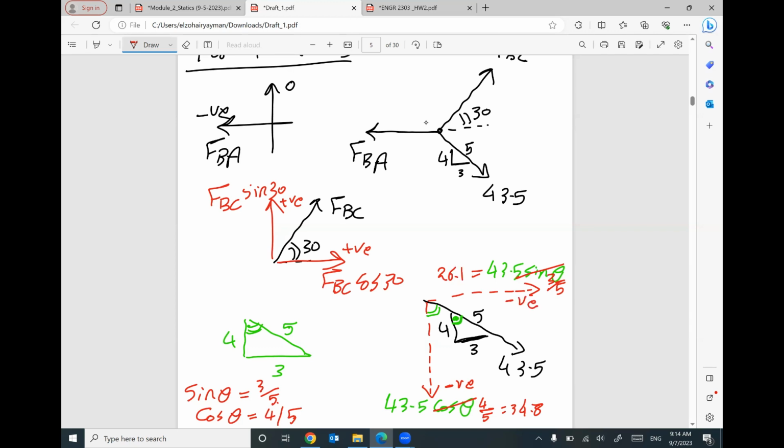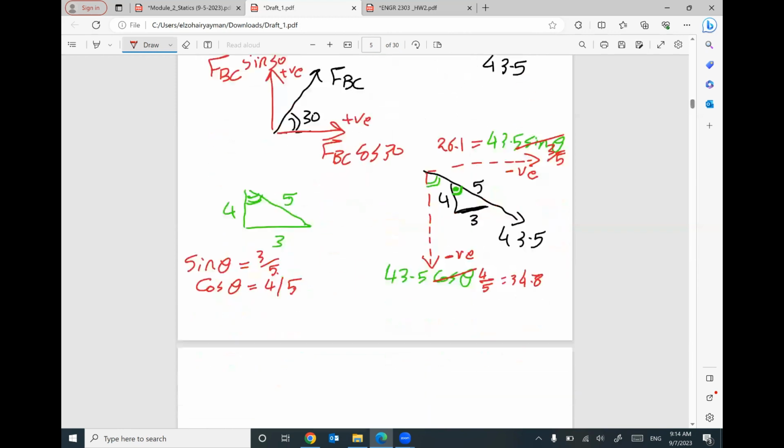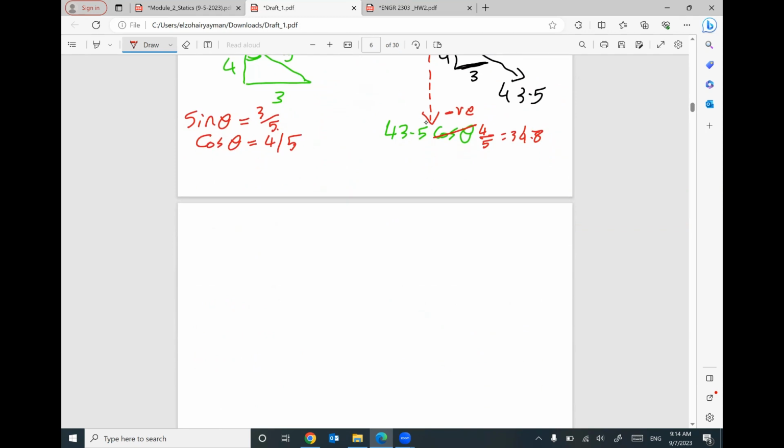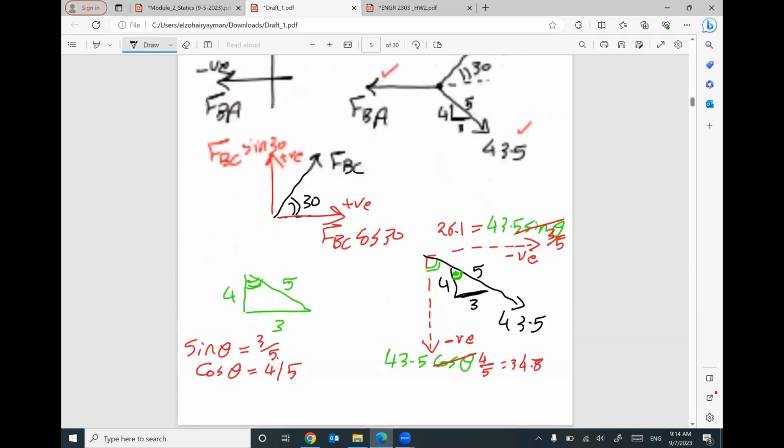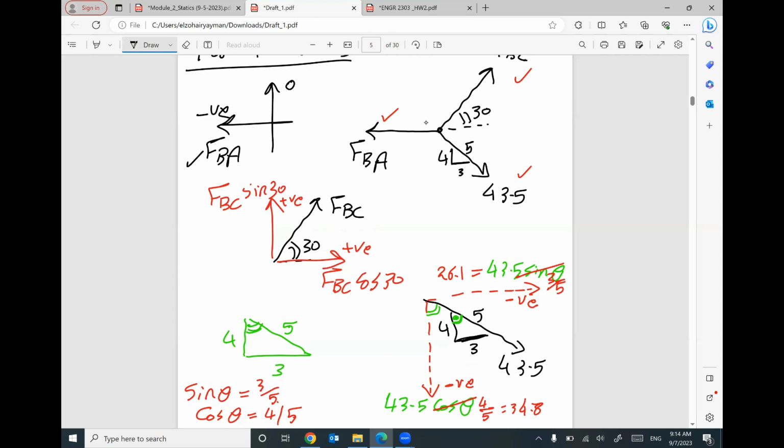Do you have more? I am done. We have 3. 1, 2, 3. I am done with all of them. Then I can apply my equilibrium equations. Summation of all x component equals 0. What do you have in x? We have this one, negative FBA.